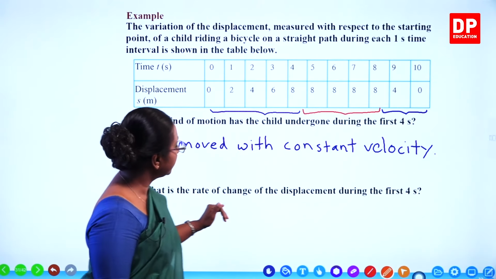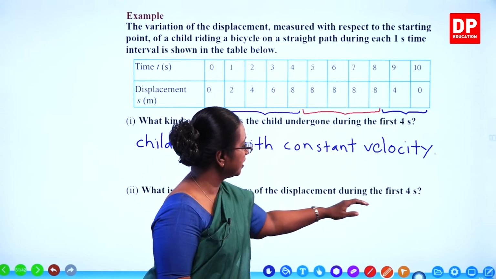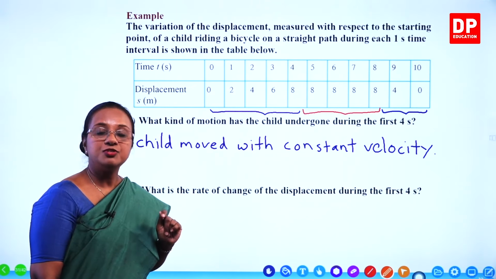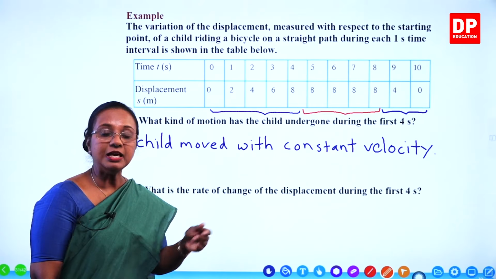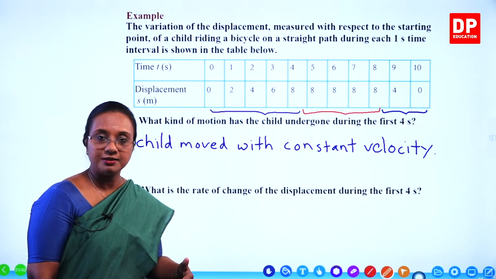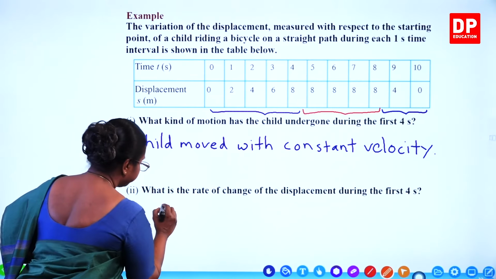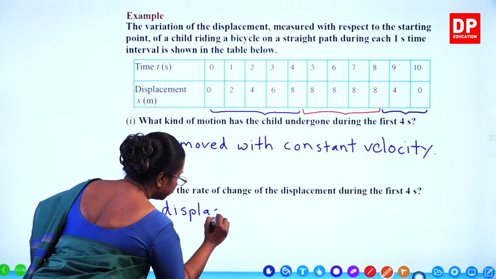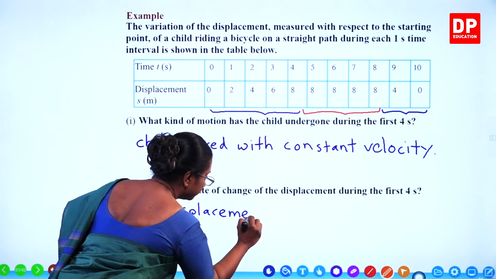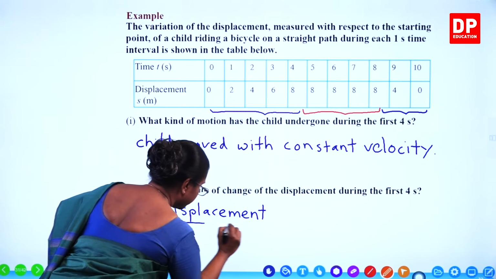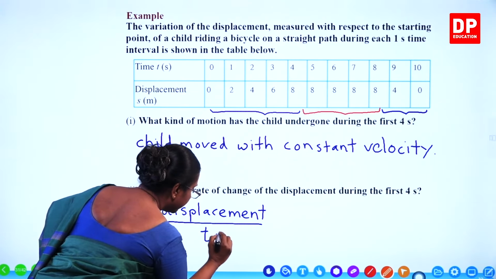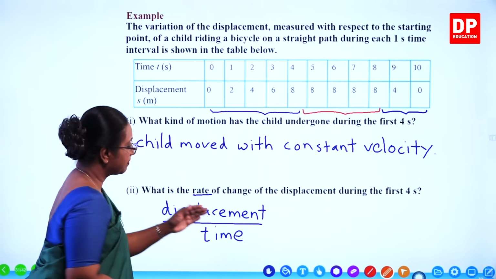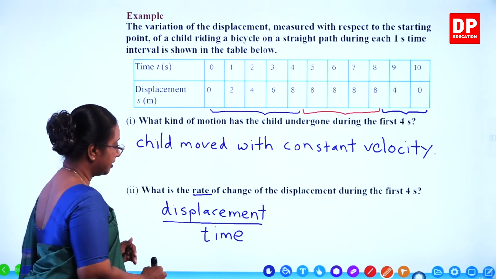What is the rate of change of the displacement during the first 4 seconds? Rate of change of displacement will be displacement divided by time. Always rate means something in a unit time.